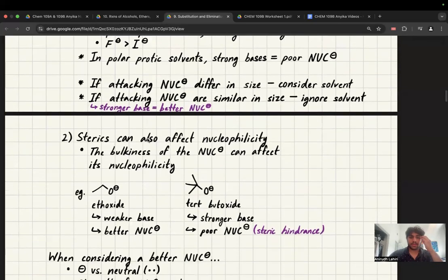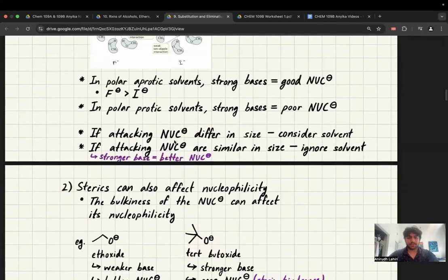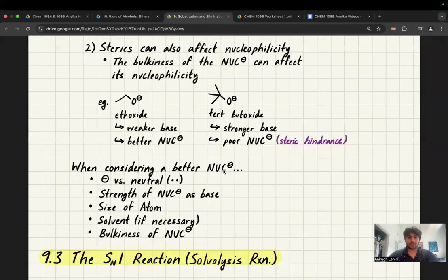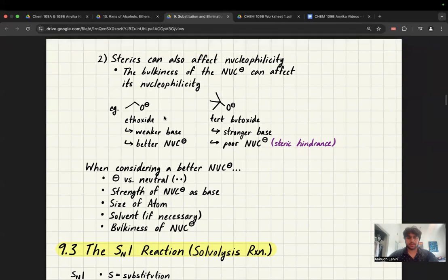Okay. If attacking nucleophiles are different sizes, you consider the solvent. If attacking nucleophiles are similar in size, ignore the solvent. Stronger base, better nucleophile, when we talk about ignoring the solvent. Okay, sterics. Sterics are so important and they also play a role in all of this. So the bulkiness of the nucleophile can affect its nucleophilicity. Tert-butoxide is a stronger base than ethoxide.